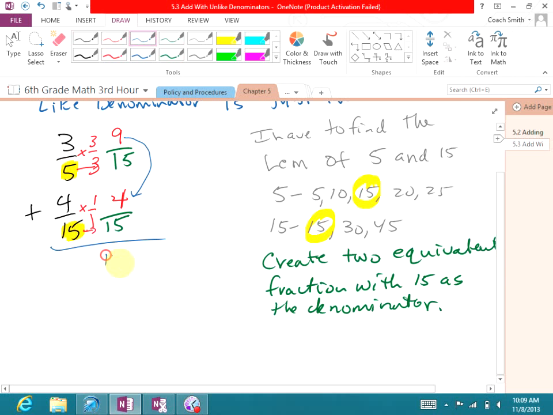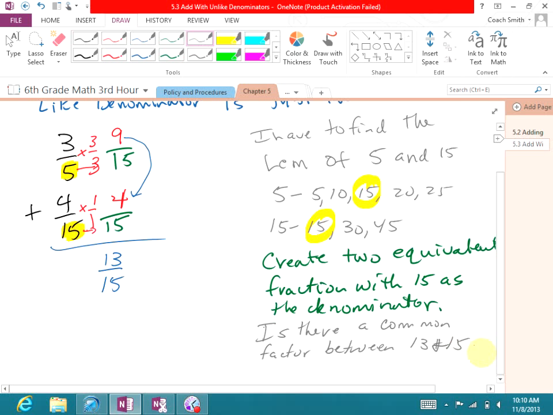9 plus 4 is 13 over 15. Now here's where I'm assuming a lot of you missed your problems last night. You have to make sure, is there a common factor between 13 and 15?